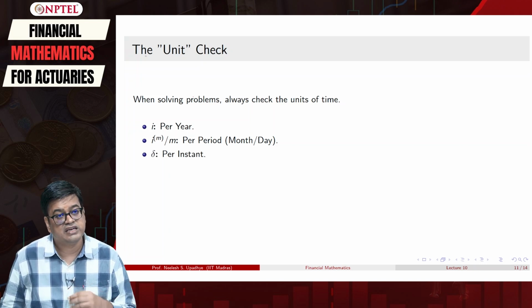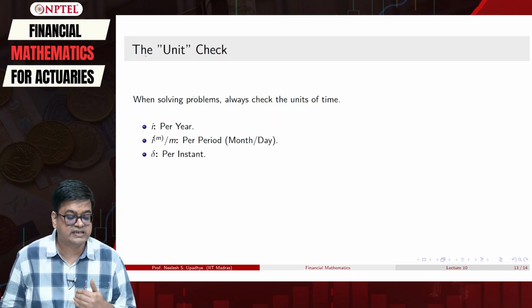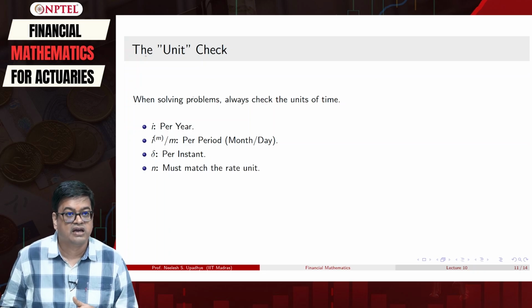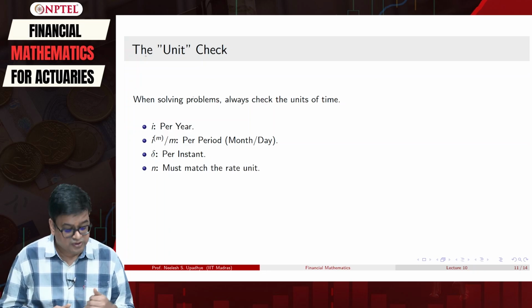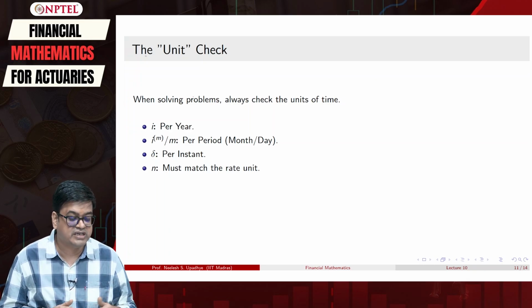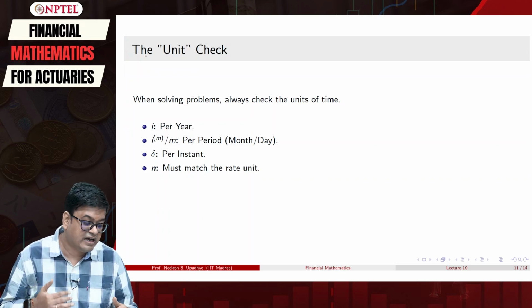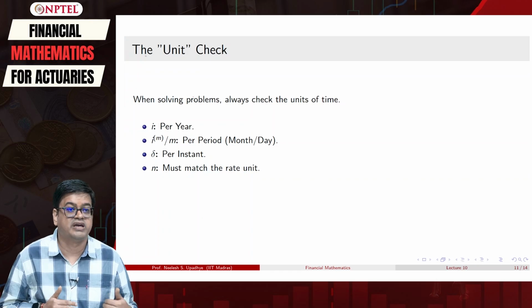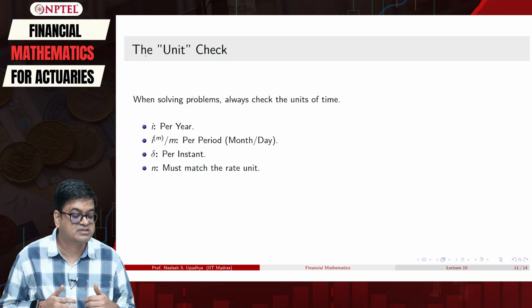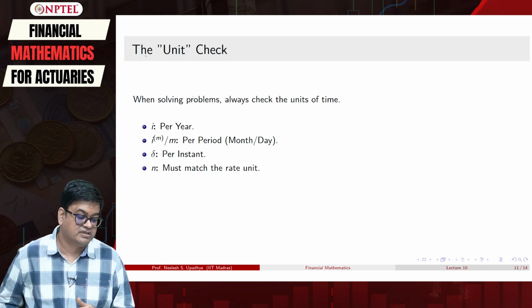If you have force of interest, it is an instantaneous rate, so it should be given per instant. After that you have n, the number of periods, and that number of periods must match the rate units. For example, if the number of periods is given in days and your i_m is in months, you may compute everything wrongly. So, n must always match the rate units. That is the main idea.